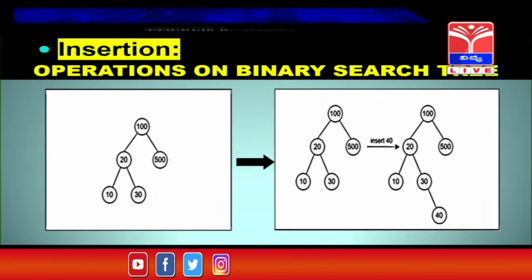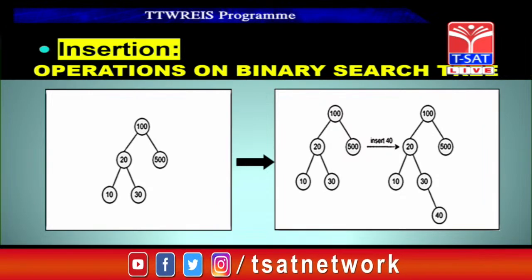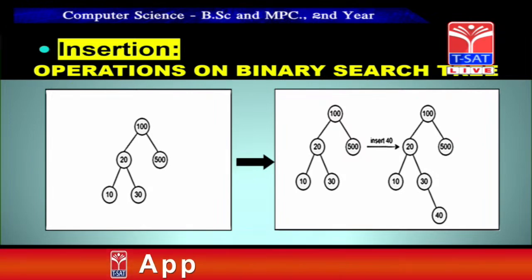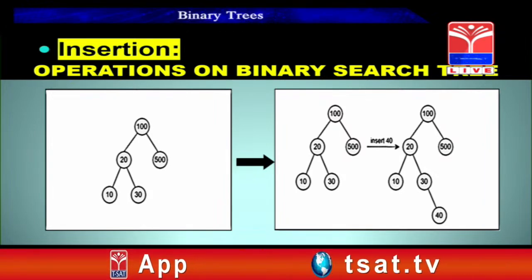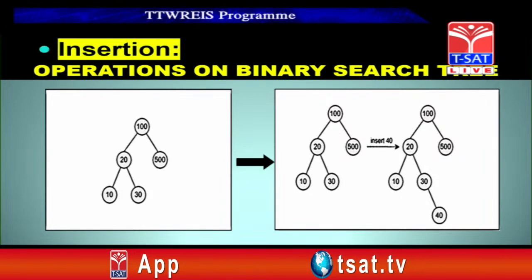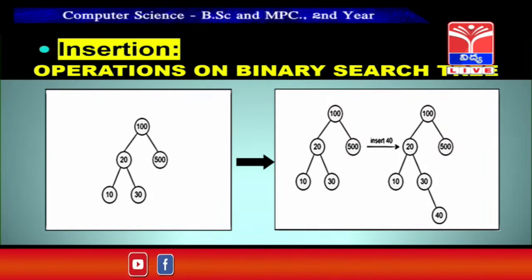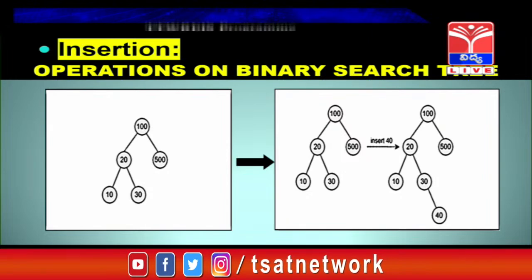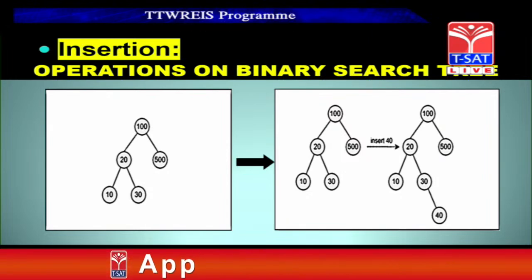So I compare the data element 40 with the root node 100. The data element 40 is less than root node 100, so now I go to the left side, and there is the element 20. I compare the element 20 with 40. 40 is greater than 20, so now I go to the right side, and there is the element 30.